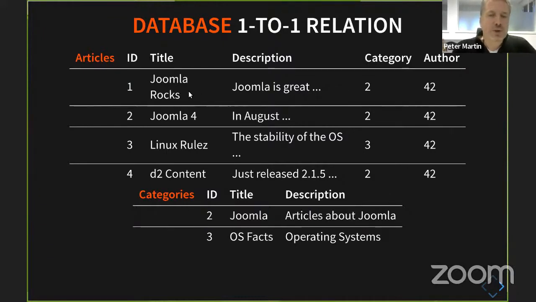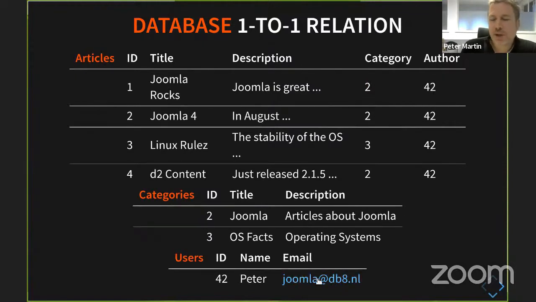Joomla Rocks and Joomla 4 are both in the category with ID 2, which means that if I do a combination and join the tables, I can get the same information as I showed before on the sheet, but this is more optimized. The same with the author. Author 43 is Peter with his email address, so no redundant information.